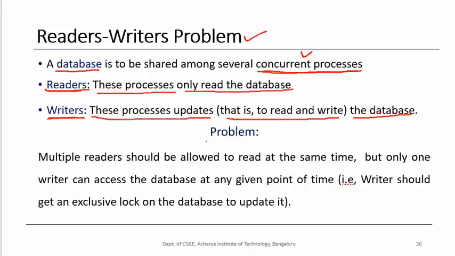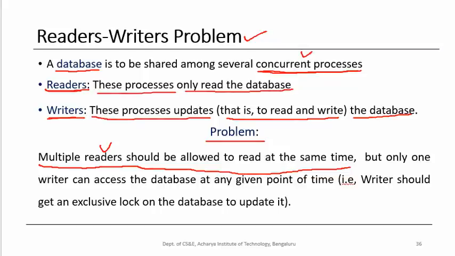Okay. Now what is the problem? Let me tell you what the problem is. You have to allow multiple readers to go into the critical section at the same time. It means that it will not lead to the critical section problem, or it will not lead to a race condition, because these readers are only reading the database.